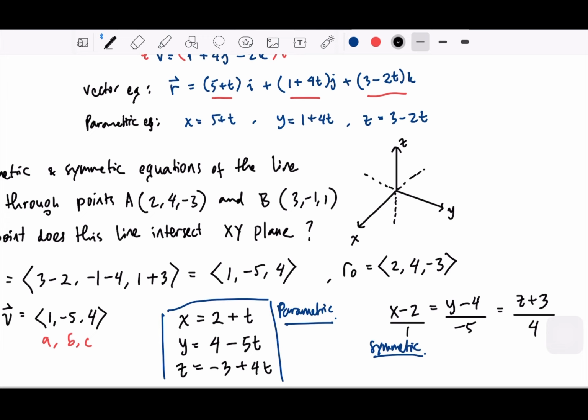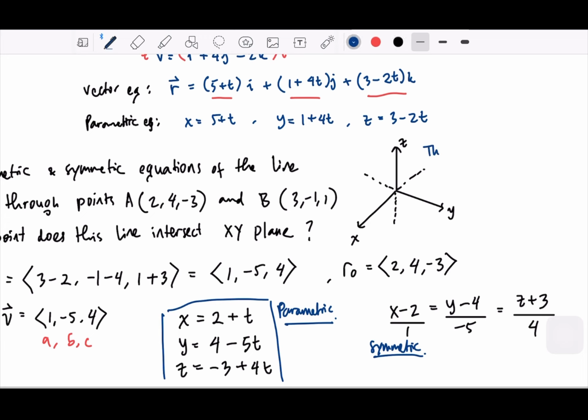If you set this xy plane here, this means that this is true when z is equal to 0, right? We have the xy plane, so we need to set z equals 0. So we can set this to 0 and we get some certain parameter, and we use that parameter to find the point where we are going to have the intersection.